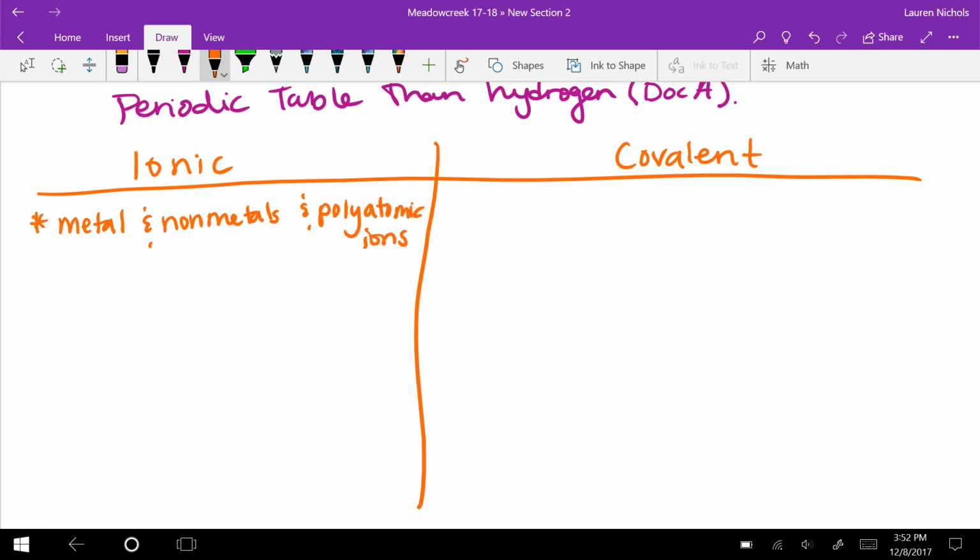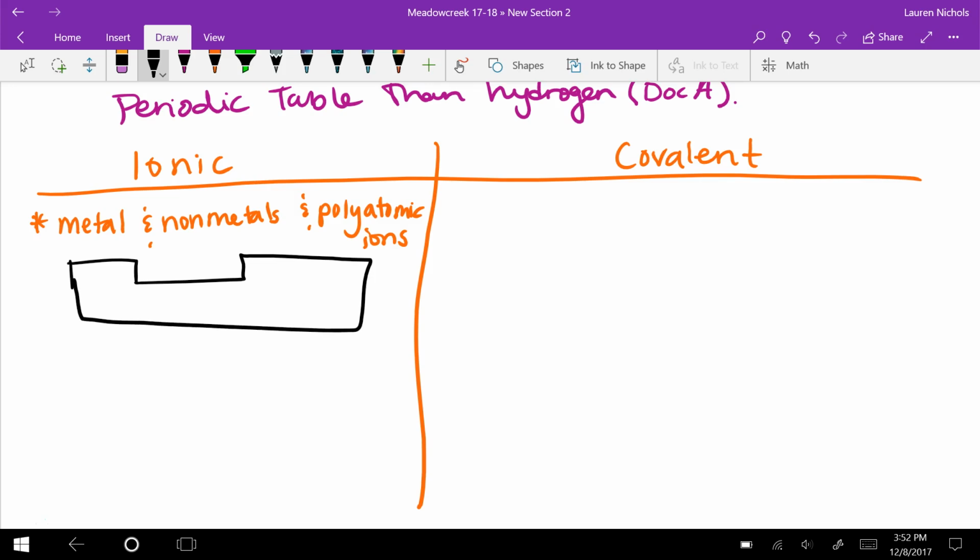One way to know where metals and nonmetals are is your periodic table of elements, which has a staircase on it. Anything to the left is a metal, and anything to the right is a nonmetal. On the back of your periodic table, it has polyatomic ions like PO4 with a -2 charge, or CO3 with a -2 charge. Oh, and phosphate has -3.